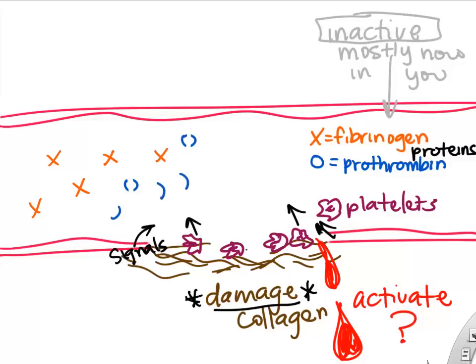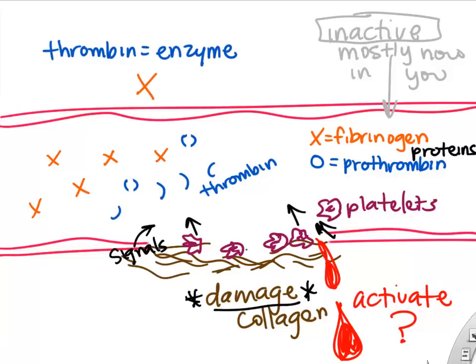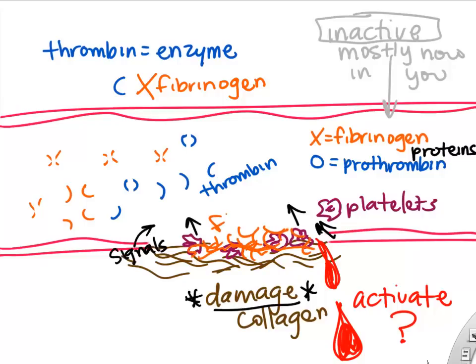Thrombin is an enzyme protein which when activated can actually interact with fibrinogen. And when it interacts with fibrinogen, it cleaves off a little piece, creating fibrin. Fibrin is actually a protein which can clump on to each other or polymerize, and these little fibrin molecules then create this protein meshwork or protein clot.